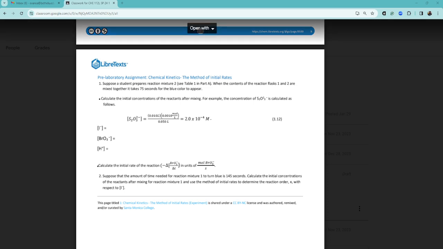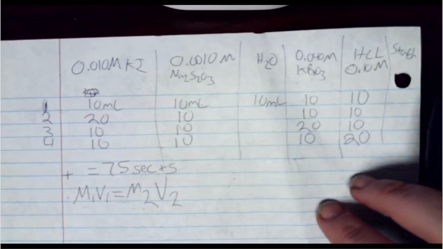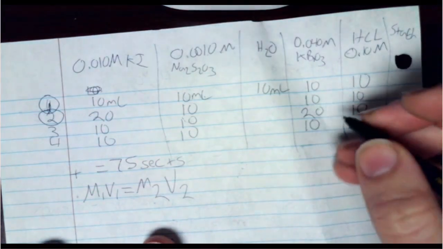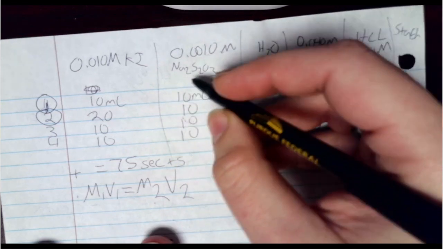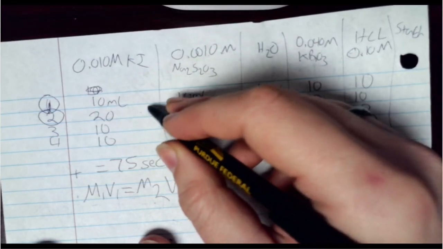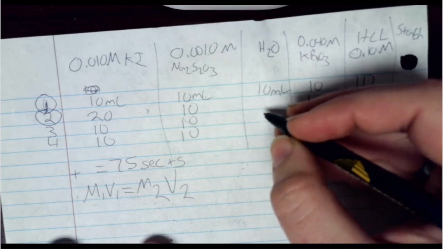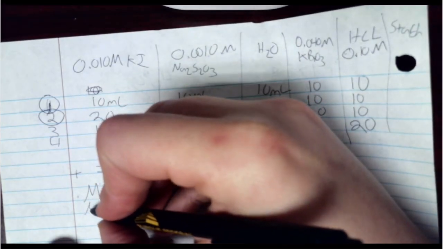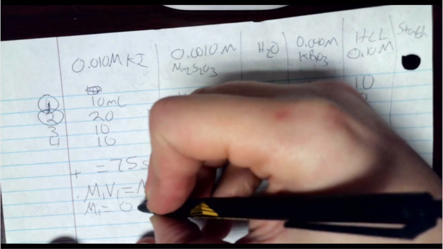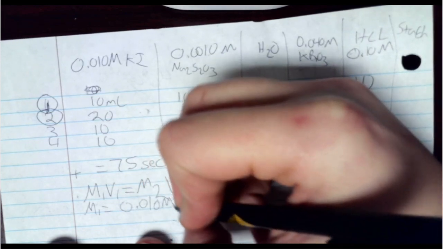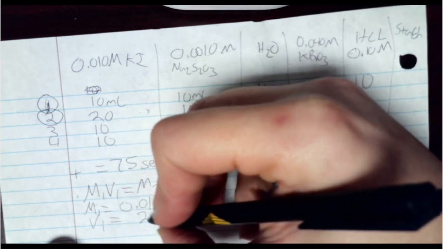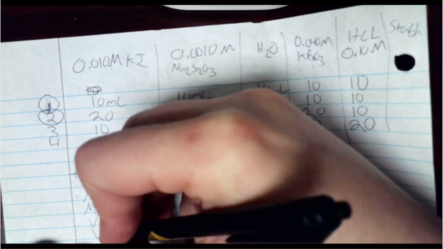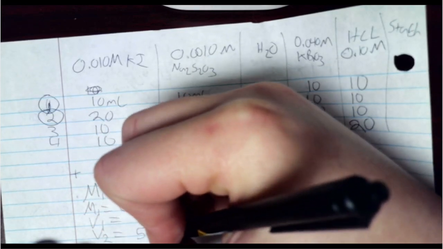Okay, so let's go to the document camera now. You'll notice I have put our table. In this reaction, we'll only be using reaction mixture 2 and reaction mixture 1 for this problem set. So for reaction mixture 2, we need to calculate the molarity of KI. Well, the molarity 1 of KI is 0.010 M. My volume 1 is 20 milliliters, and my volume 2 is 50 milliliters.